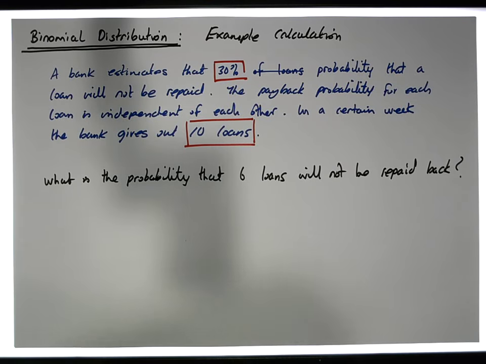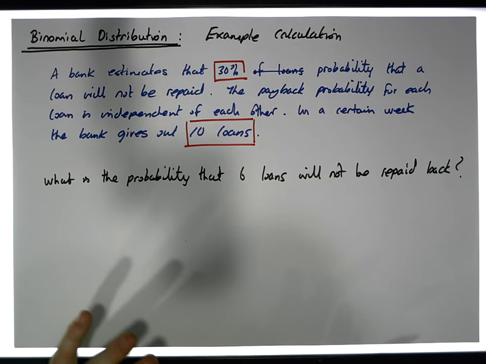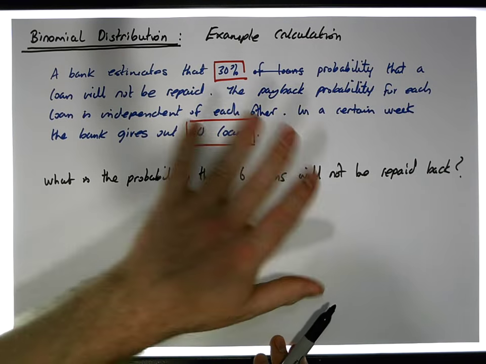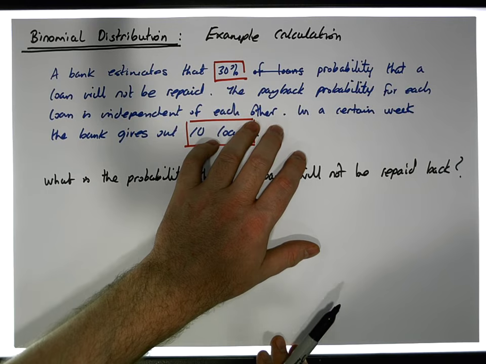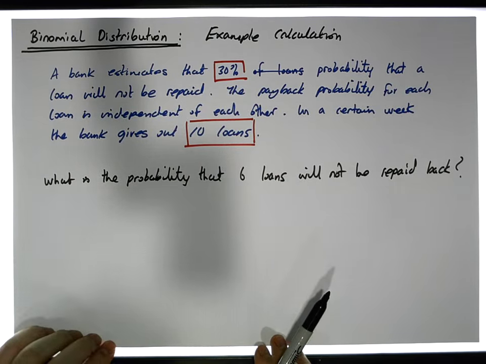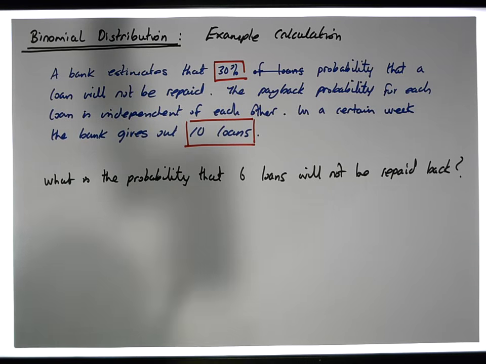Now let's keep in mind we have a formula that allows us to calculate these. Anytime you have one of two things that can happen, a loan is repaid or a loan is not repaid, you have a success or you have a failure. Something broke or it didn't break. Anytime you have two possible events that can occur, we classify that as what's known as a binomial probability.